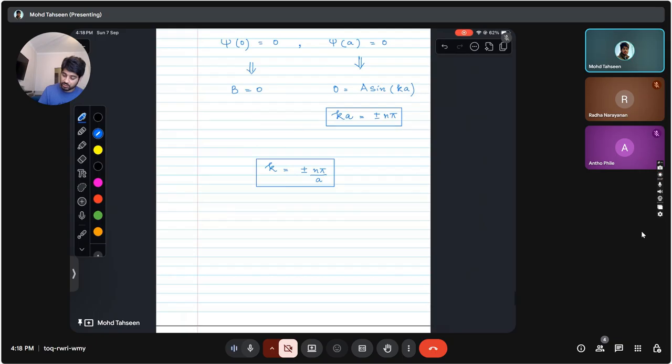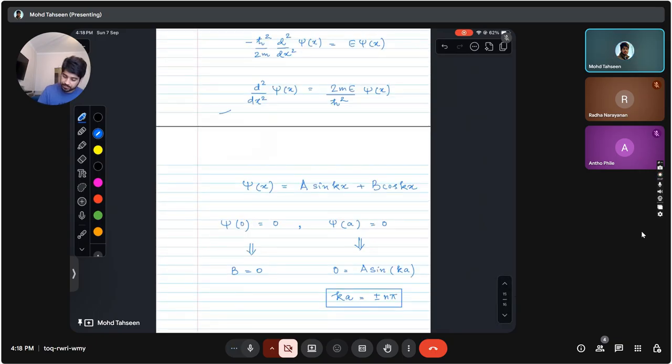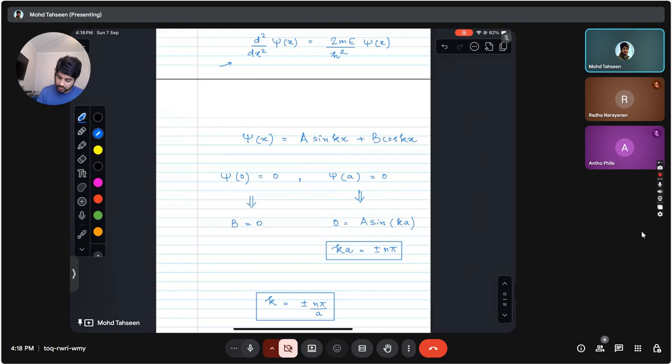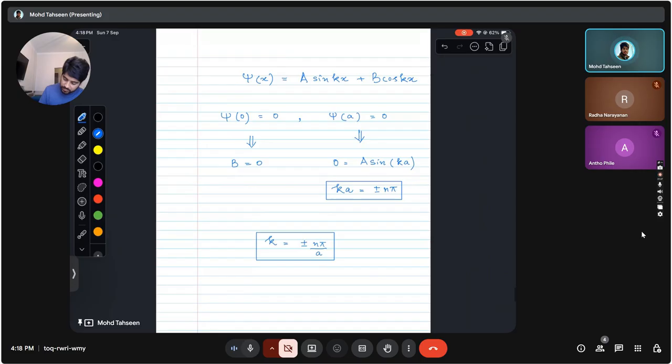So now if we again look at this expression, and if I take the double derivative of this wave function, what I get is d square psi of x upon dx square is equal to minus k square times a sine kx plus b cos kx, right?